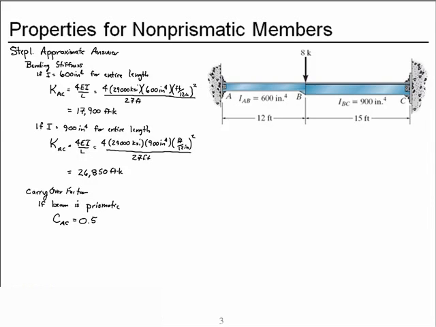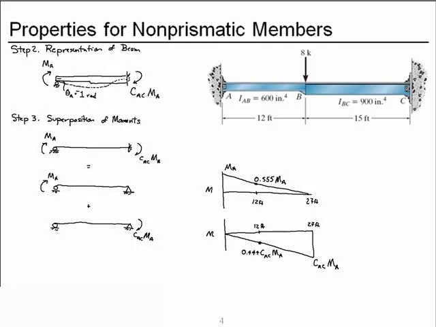For the carryover factor, we looked at the carryover factor for a prismatic member, which is 1/2, and said that the carryover factor in this case should not be radically different, has to be bigger than 0, and should be less than 1.